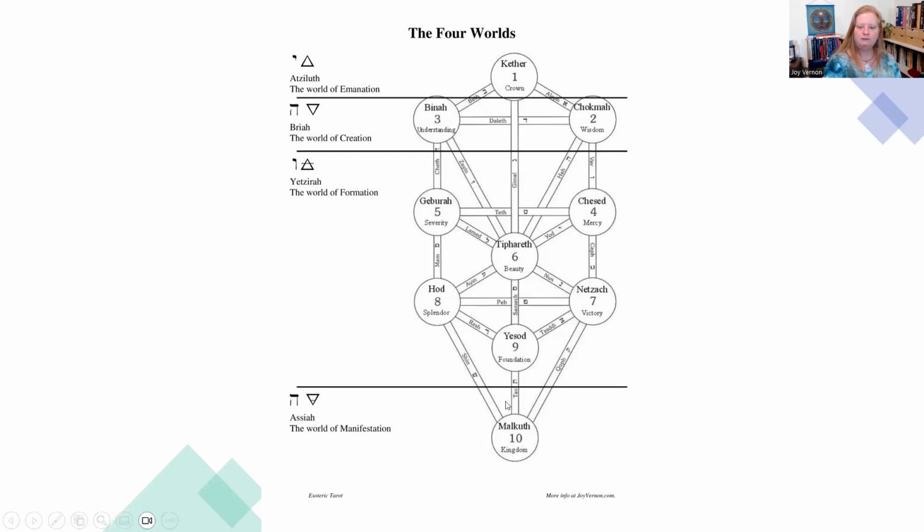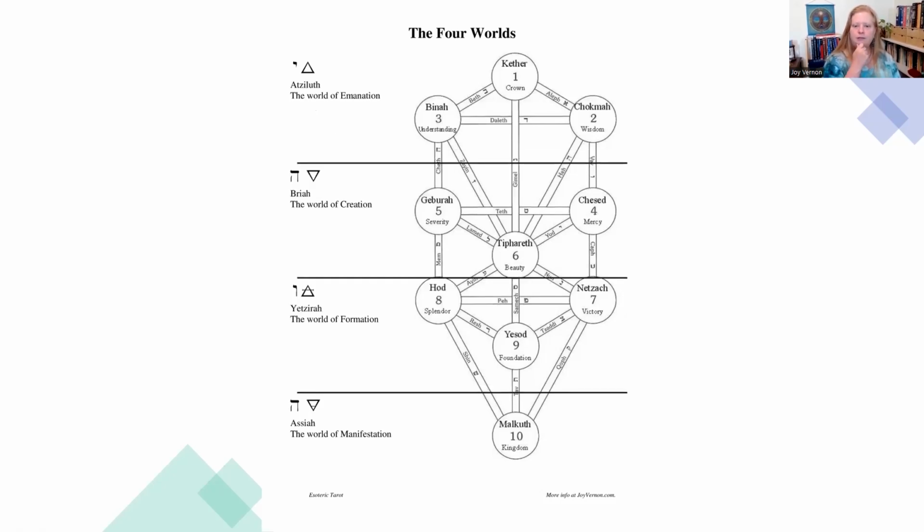And then when you've got that finished product, the vase is complete. That's Malkut, Kingdom, and that was manifestation, or having a finished object. And so here's another way. This is a really common way of looking at the four worlds, and they put all three here for Absolute.